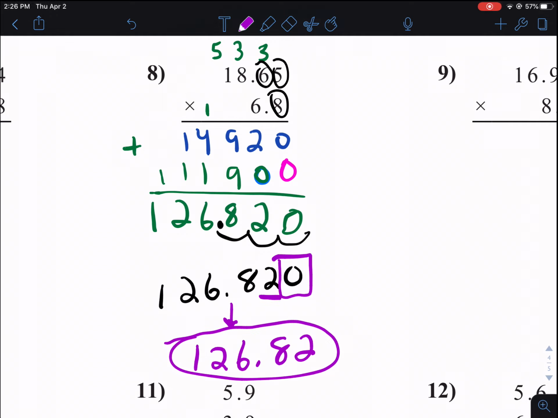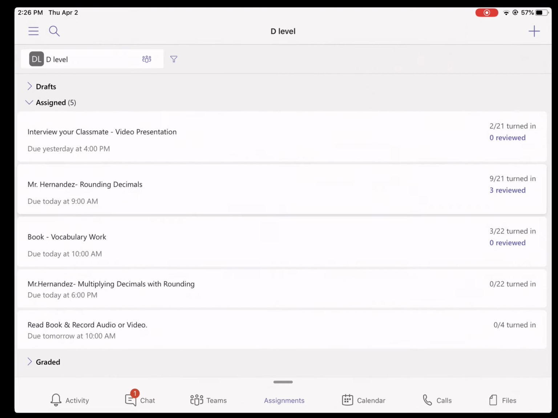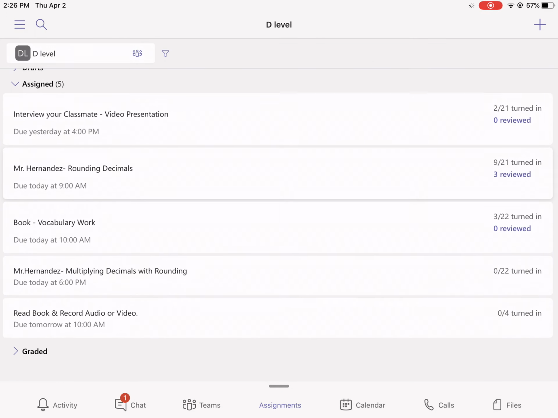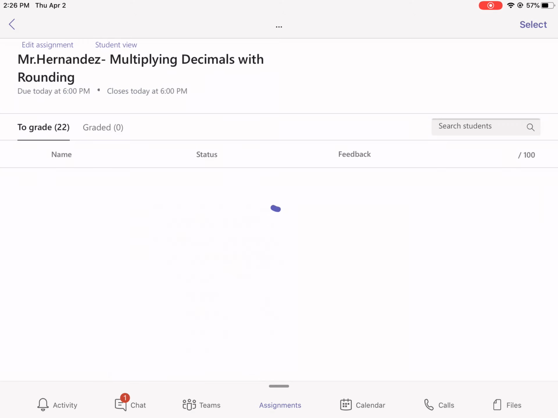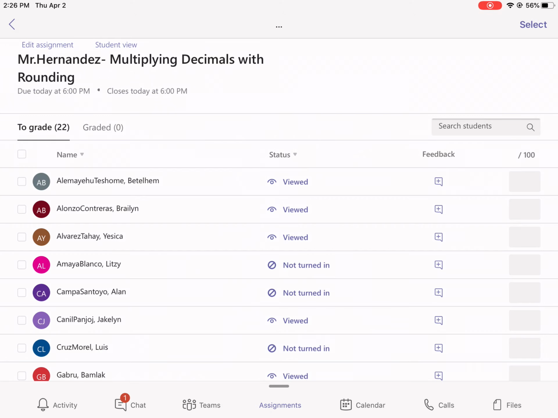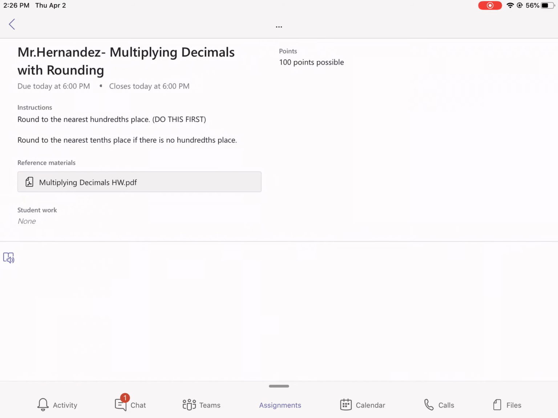Now, go back to your teams. You're going to go to your class, which is D level, or if you have Miss White or Miss Garza, you're going to look for multiplying decimals with rounding. You're going to do what you did yesterday, how you turned it in and everything.